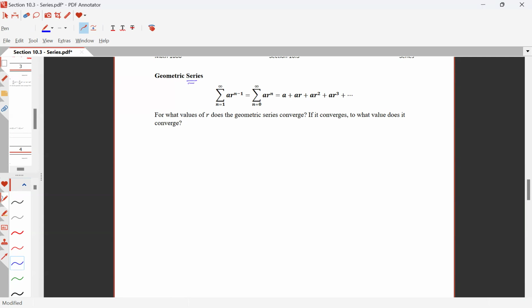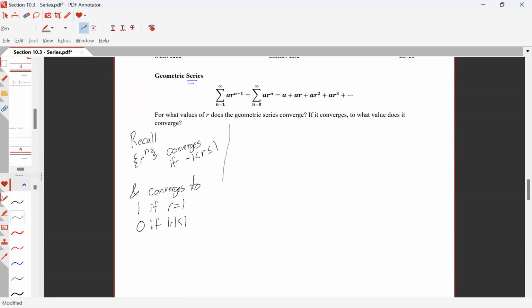So in the sequence section, we saw that for a sequence r to the n, that was a geometric sequence, this sequence converges if r is between -1 and 1 inclusive, and converges to 1 if r equals 1, and 0 if the absolute value of r is less than 1.